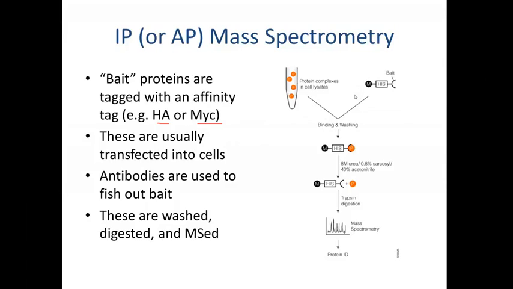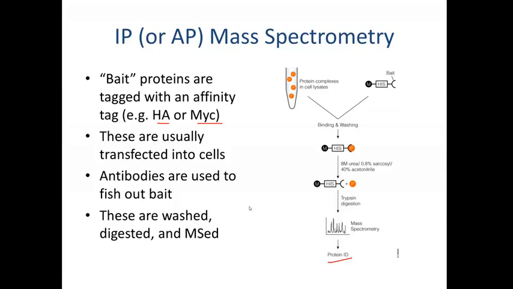In this case, we're going to use the His system, and after binding to the endogenous proteins, this His tag is pulled down with a solid matrix, washed, and then the proteins are eluted off and trypsinized before mass spectrometry, and you solve the IDs of all the proteins that are in this complex using mass spectrometry and these searching algorithms.